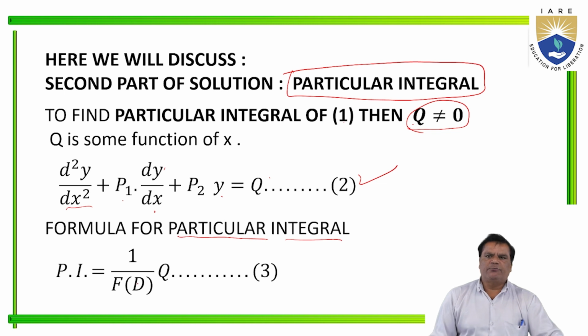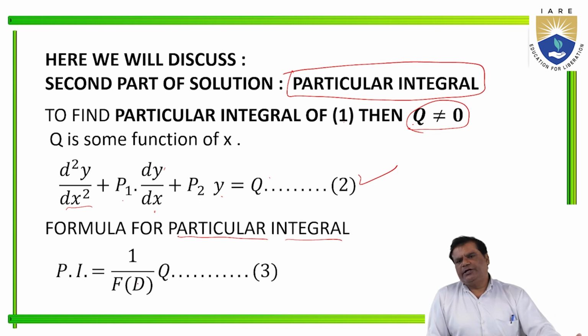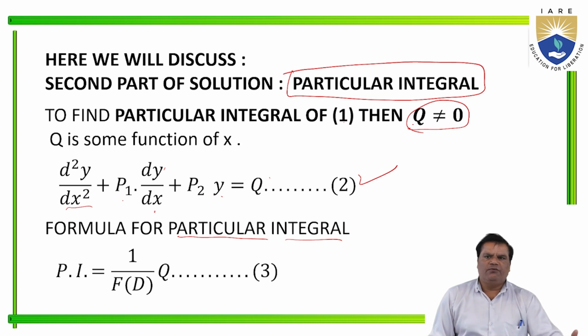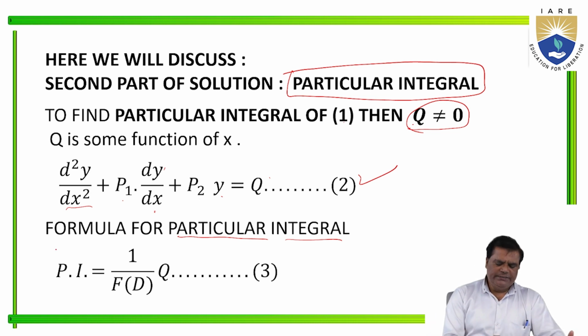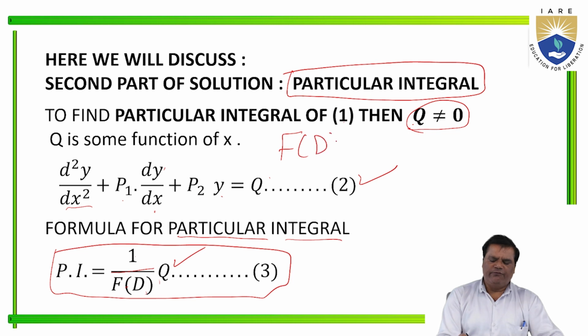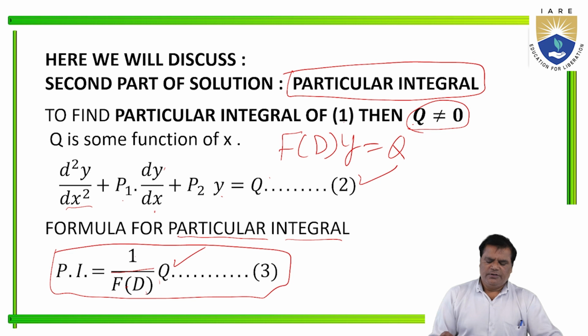This is the basic formula to find the particular integral of any differential equation with constant coefficient. So pi is equal to 1 upon f(D) into q. In the denominator is a function of D. Our equation is written as a function of D acting on y equal to q. Any question is given in this form.